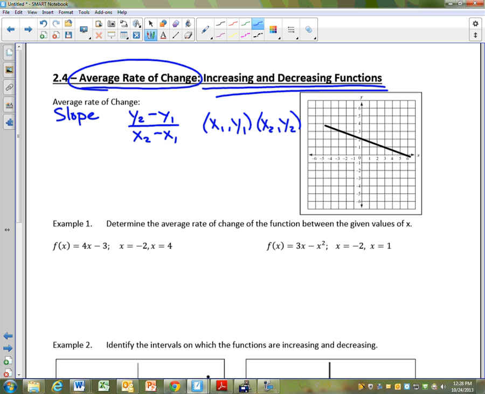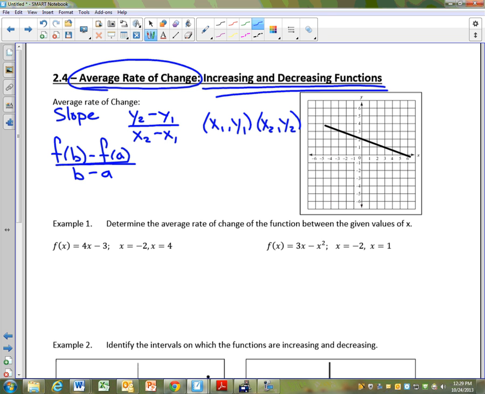Now, there's another way to write this. We're not going to use this necessarily, but if you were to see it, this is what you do. Instead of y values, I just talk about the function values.